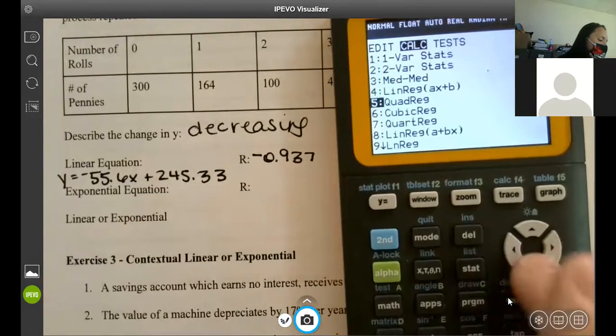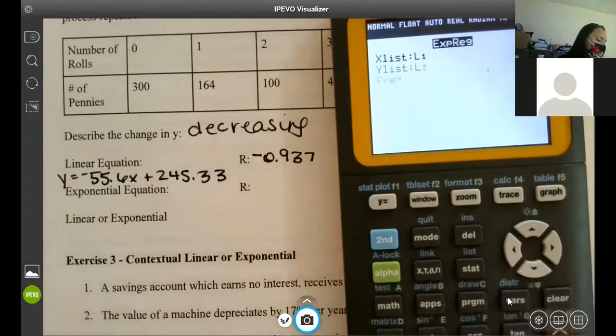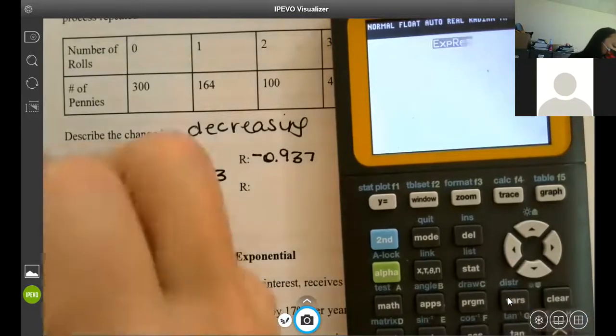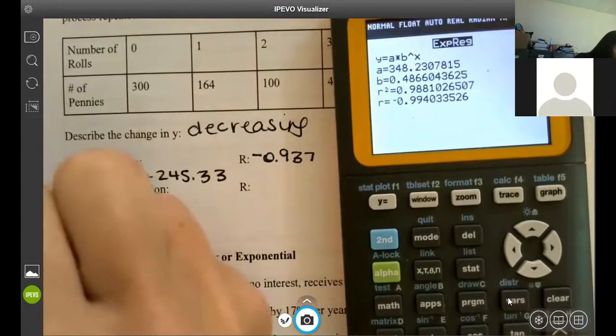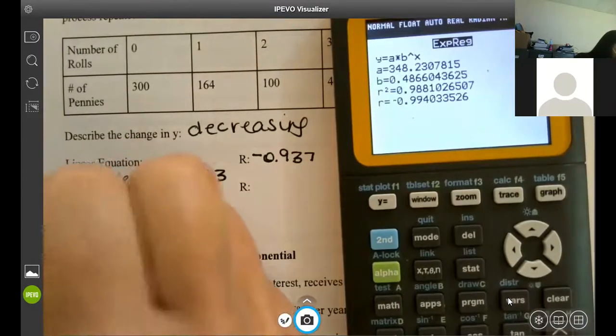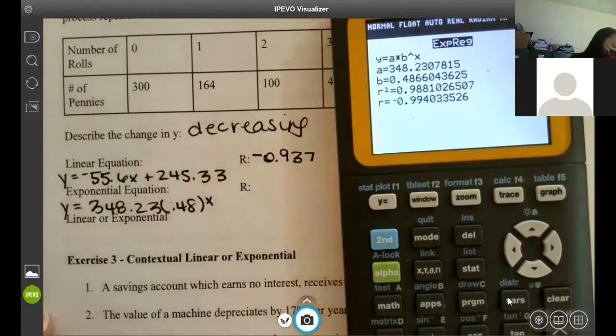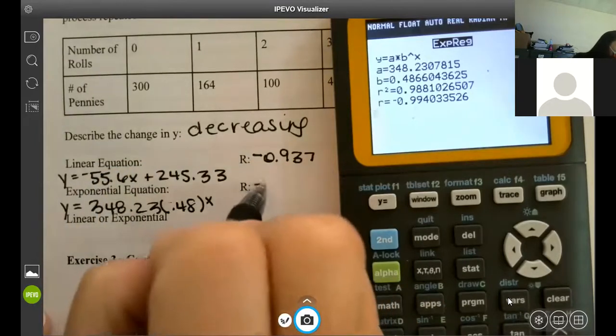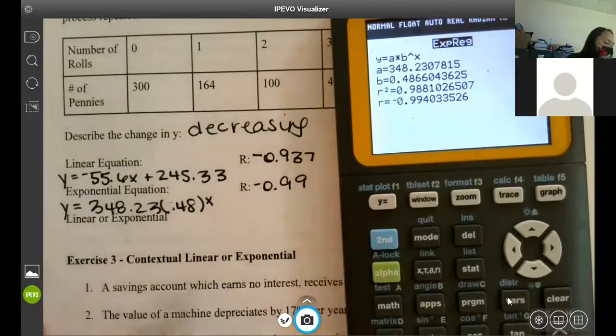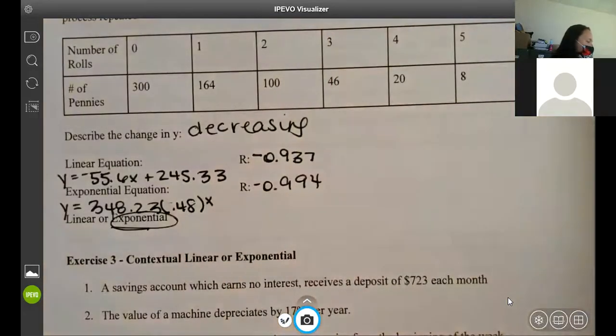Stat, calc, go to exponential. Our equation is y equals 348.23 times 0.48 to the x. What's our R value? 0.994. Which one is better? Exponential. That's all you do.